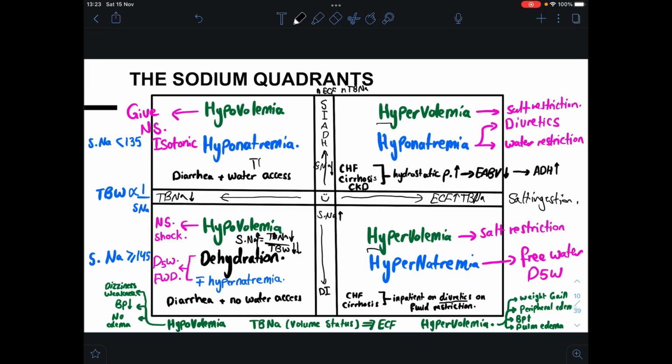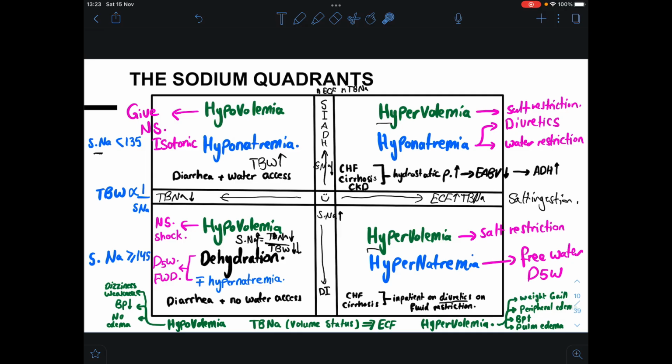So the total body water this time will actually start increasing, and because it's inversely proportional to the serum sodium, hyponatremia starts setting in. For these patients, you just give isotonic normal saline. So now we've discussed hypovolemic hyponatremia and hypovolemic hypernatremia.